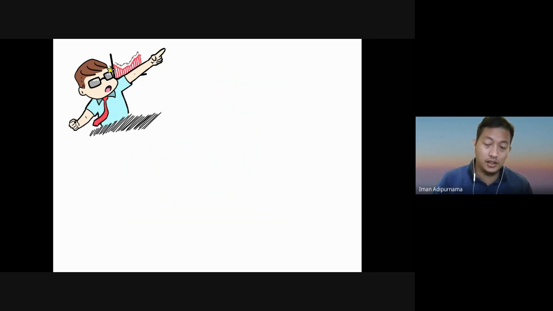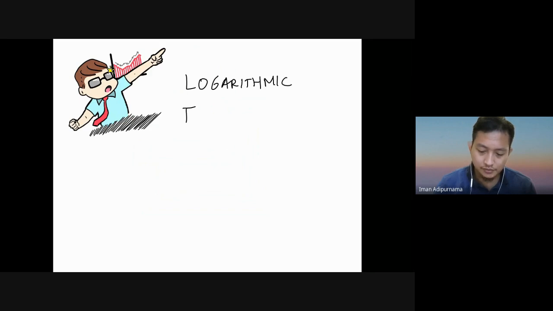I'm skipping the logarithm function, but I will add it now to review. So hopefully you can get the idea of logarithm functions. I think most of you are familiar with logarithm. So let me write. First is logarithm, or logarithmic function.